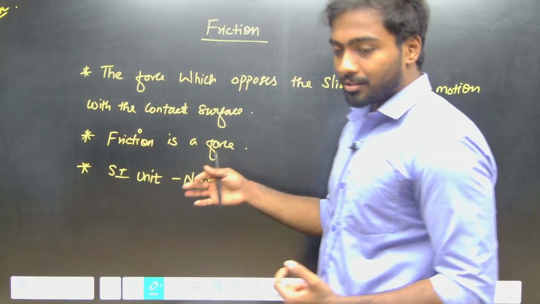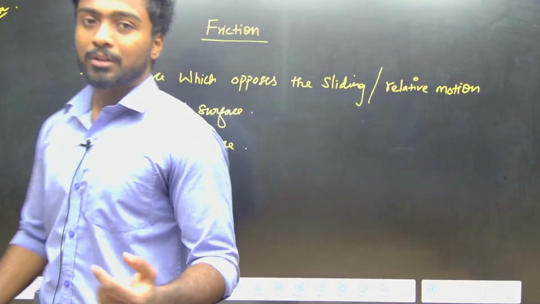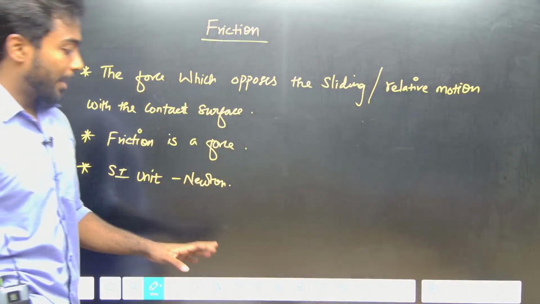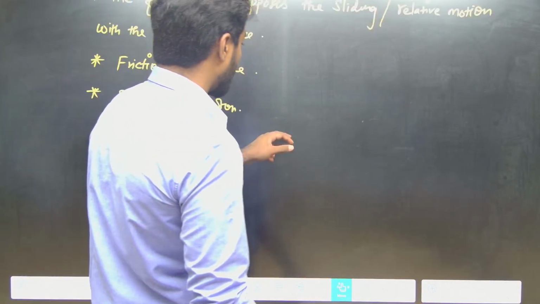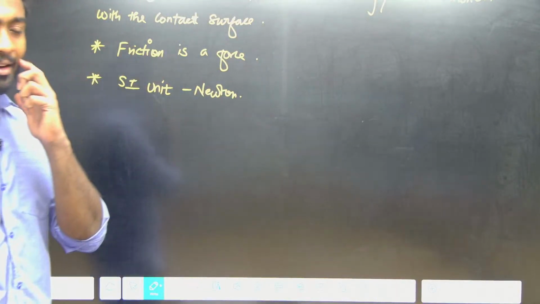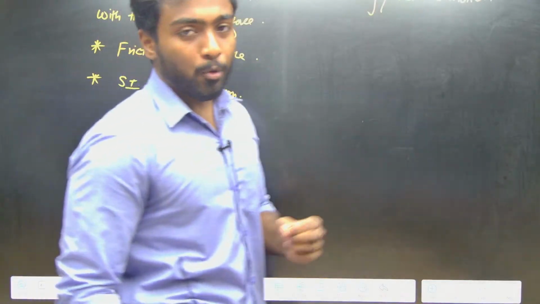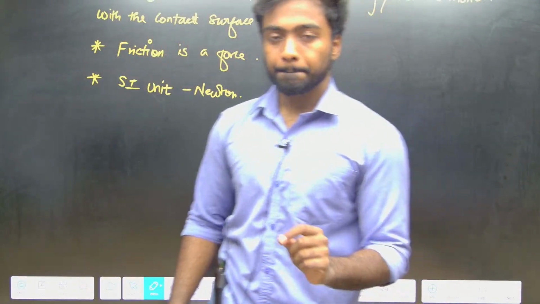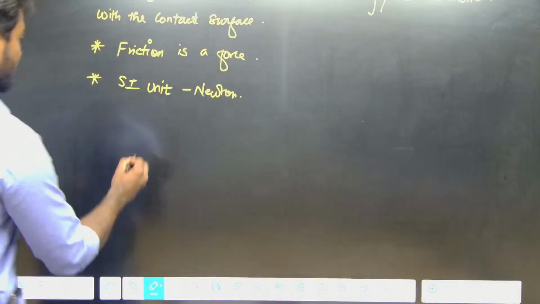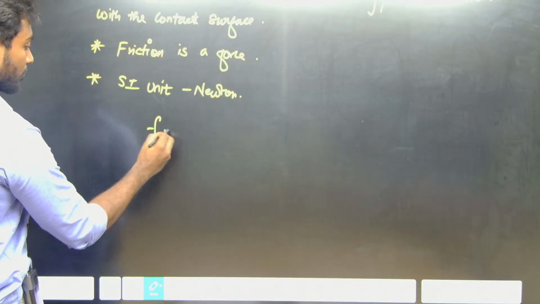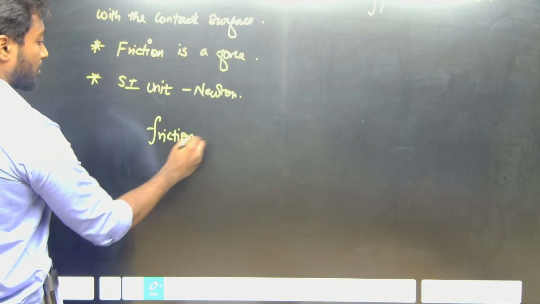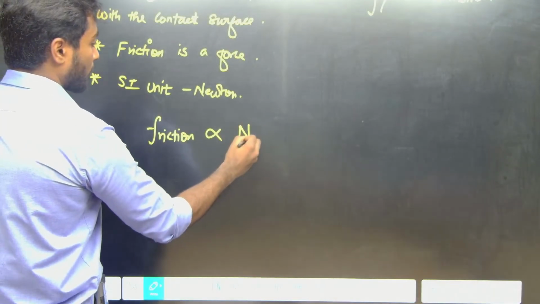Friction is directly proportional to the normal force. And to remove the proportionality, we are adding a constant called mu. So friction is directly proportional to normal force.